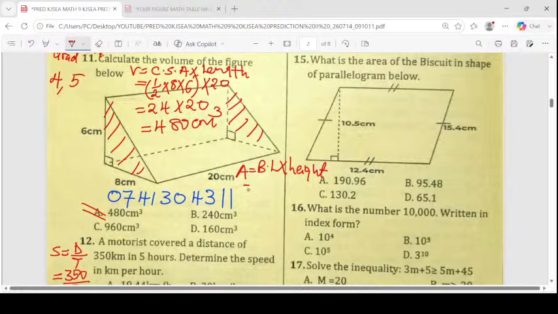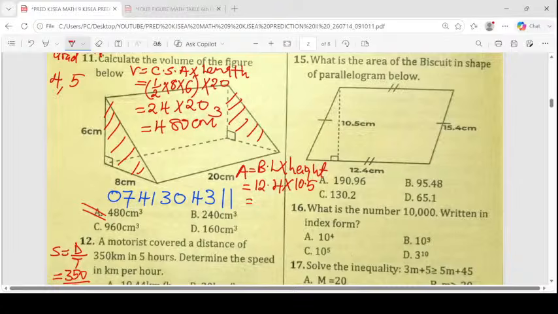Looking at the question, what is our base length? Our base length here is 12.4. So it will be now 12.4. You multiply by the perpendicular height, 10.5.